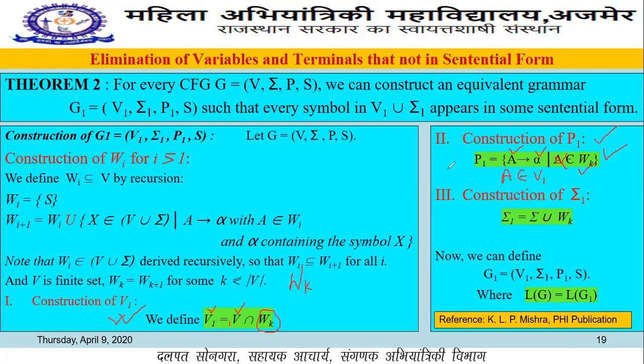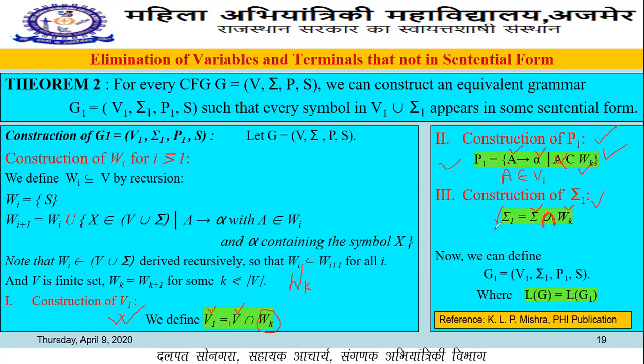After construction of the simplified set of productions, we go for the construction of the simplified set of terminals, and of course that is also the intersection, not union. This is the intersection of the set sigma and Wk.